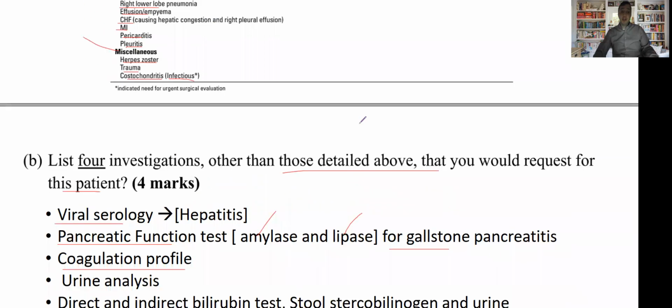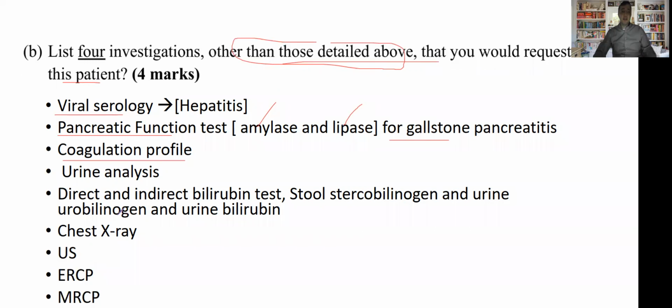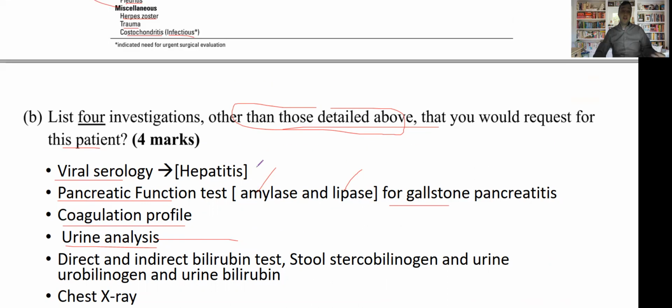You have to be careful, because you have to mention investigations other than those detailed above. Coagulation profile is not mentioned in the question. The full blood count, liver function test and kidney function test are already mentioned, so you can't answer them in this part. Urine analysis here is very important. Why urine analysis? Because one of the differentials is urolithiasis, and another is pyelonephritis.